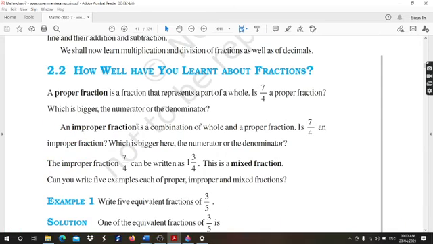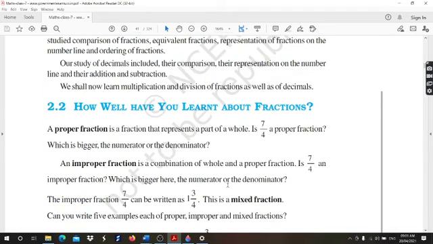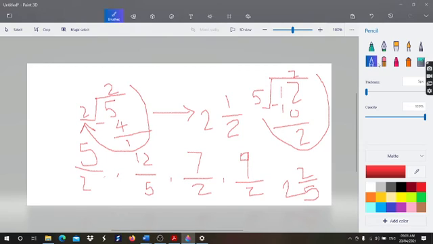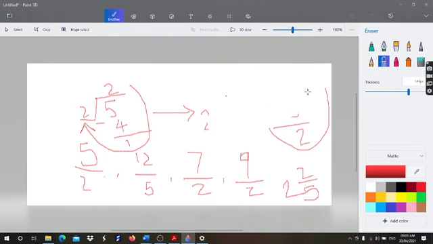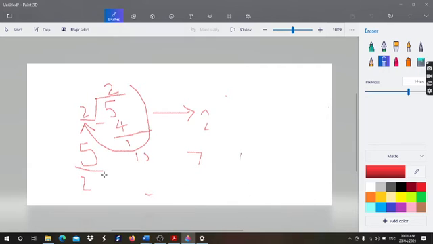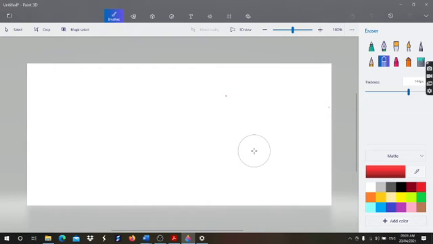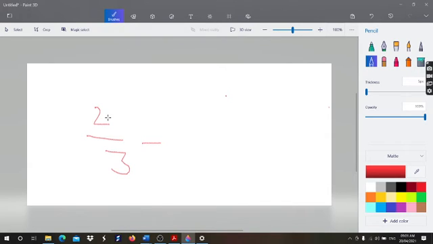Now suppose in the exam I ask: classify into proper fraction, improper fraction and mixed fraction. Correct. So now 2 upon 3, which fraction is it? The denominator is bigger than the numerator, so this is a proper fraction.